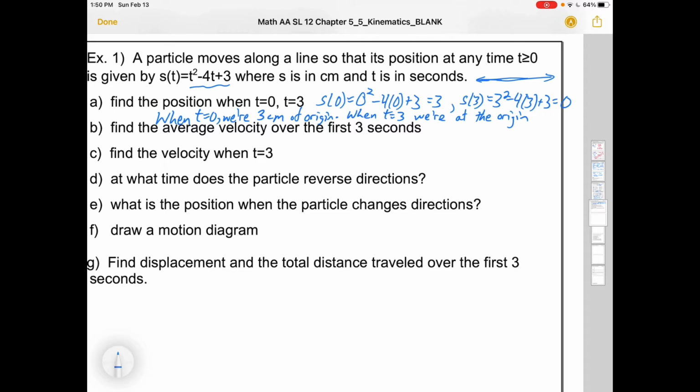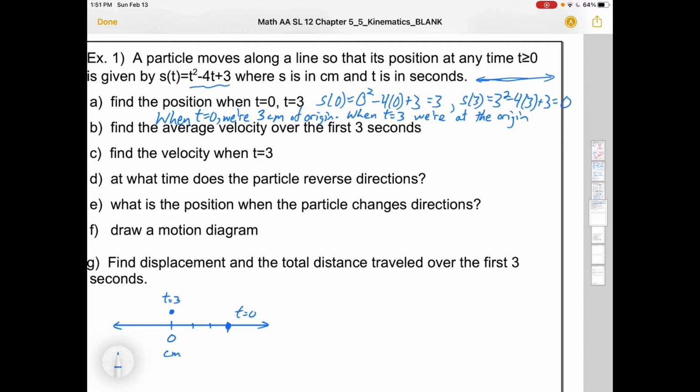So maybe I'll just make a little motion diagram of what I know so far. Here's the origin, and this is in centimeters. And here's where the particle's born, right here, at T equals 0. It's 3 centimeters right. And then I also know on its 3rd birthday, it's right here at the origin.